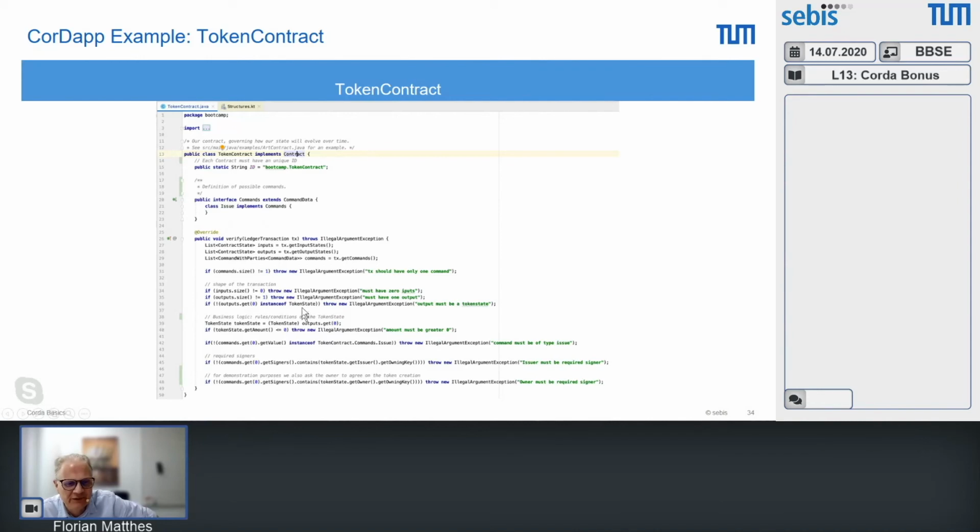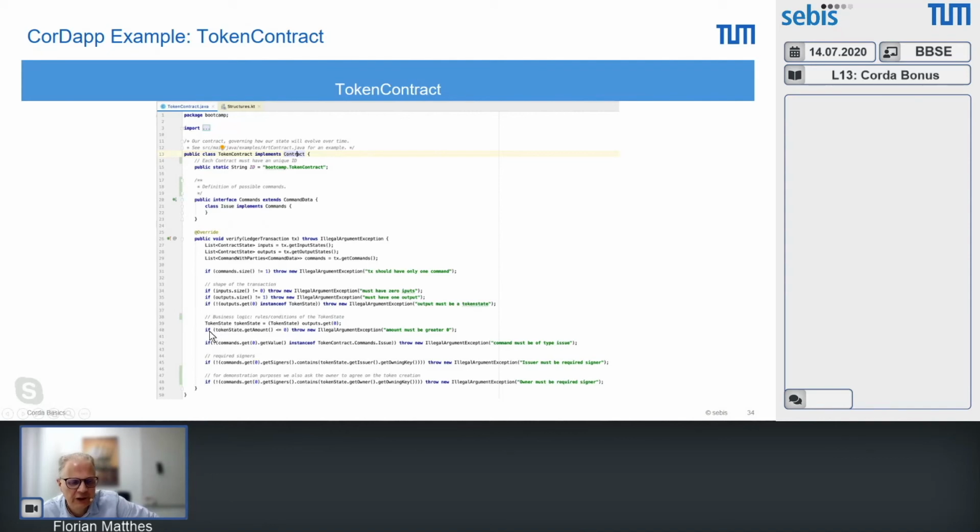So therefore we make a type check here. If this fails at runtime, we would also complain. Now we are ready to do a typecast so that we get the first output and cast it to a token state object, which would succeed because we checked it.